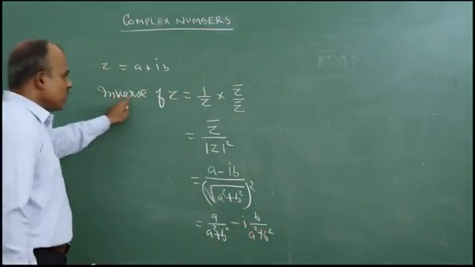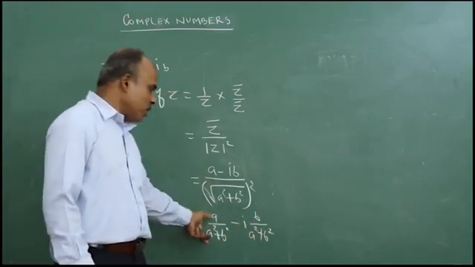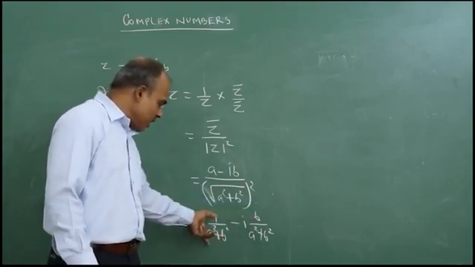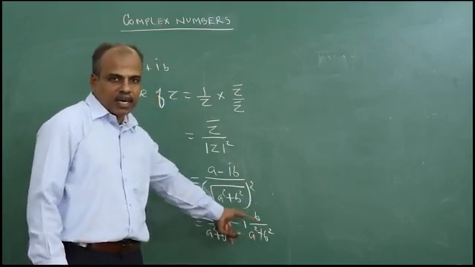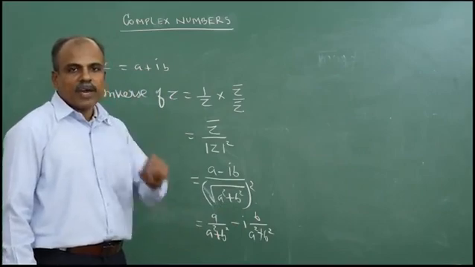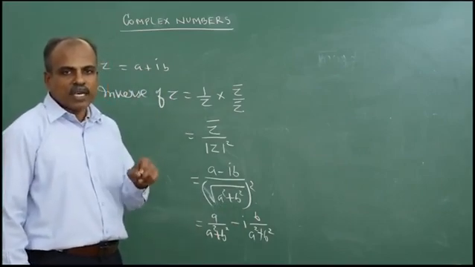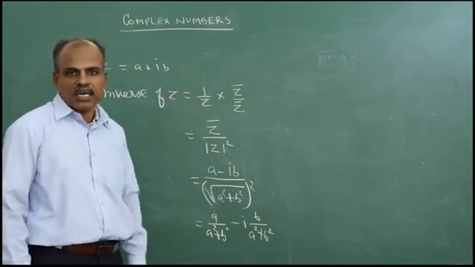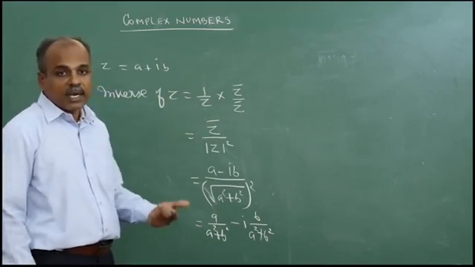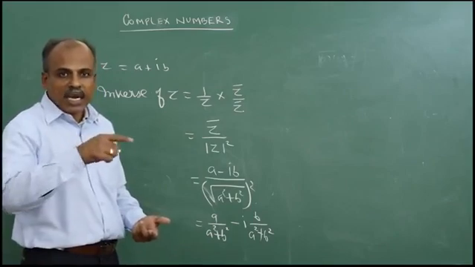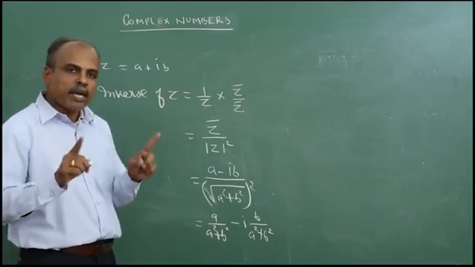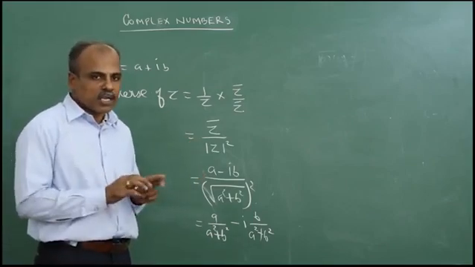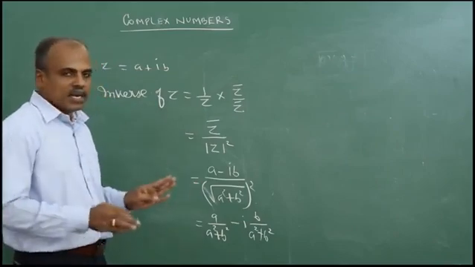So the inverse of z can be expressed again as a complex number, with real part and imaginary part. If you take one example, 5 plus i, what is the inverse of 5 plus i? Very simple, no need of going for this much calculation. In an MCQ, directly you can write 5 minus i divided by (root of 5 square plus 1 square) whole square, that is 26. Clearly you can complete it.